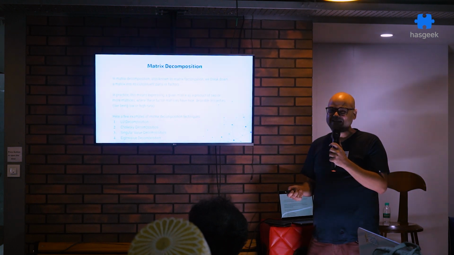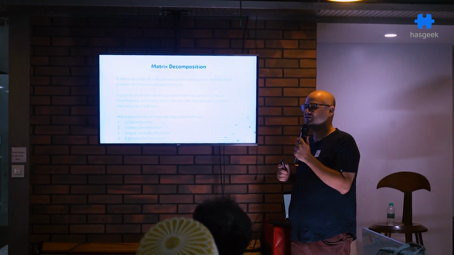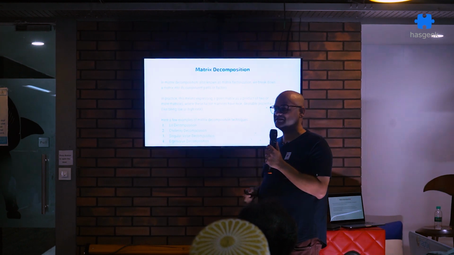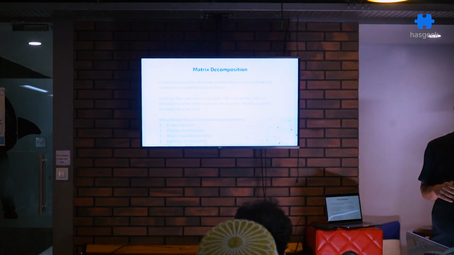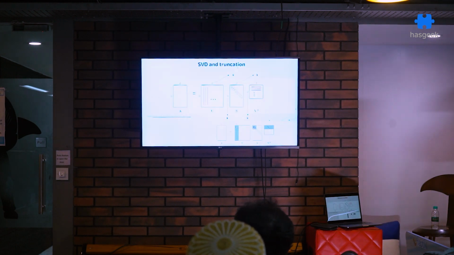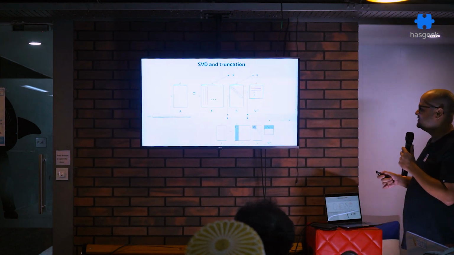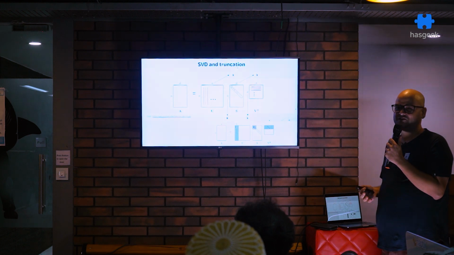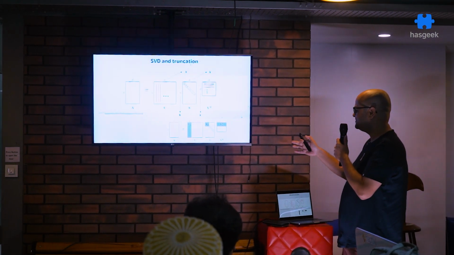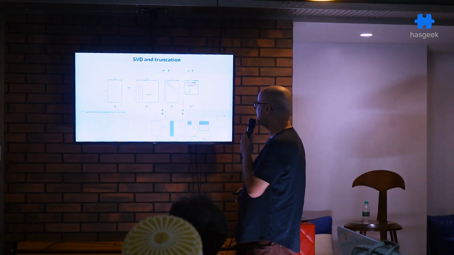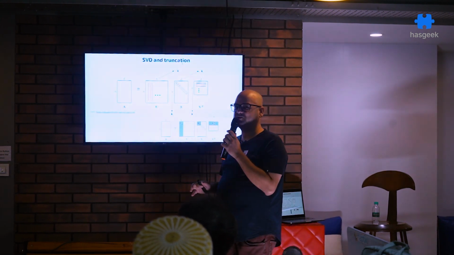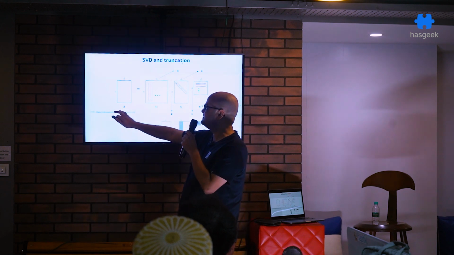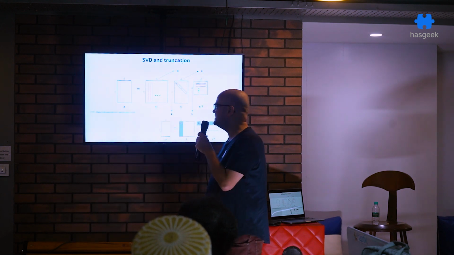And there are guarantees. If your matrix is a low rank one, we have mathematical theorems which will guarantee that you will be able to come up with the necessary decomposition, right? So which is what we do with singular value decomposition. So I'll just go with that quickly. What singular value decomposition does is that you have your given matrix of some size n cross d.